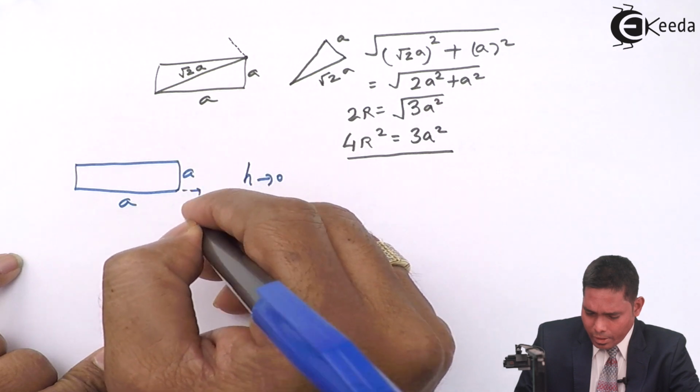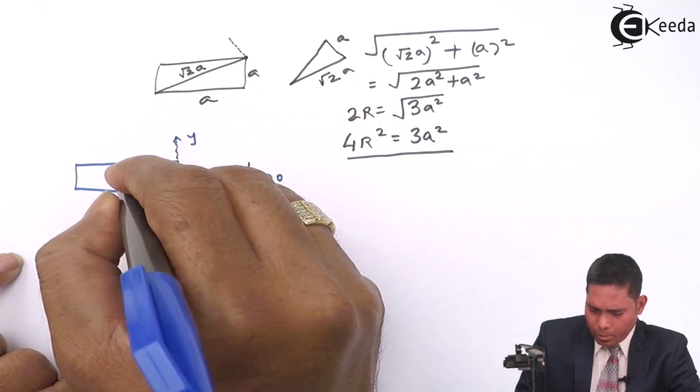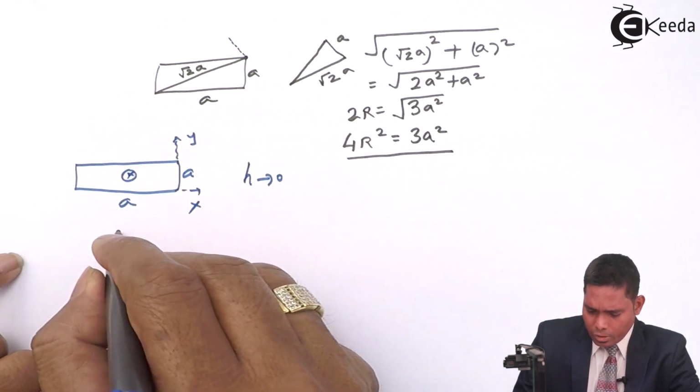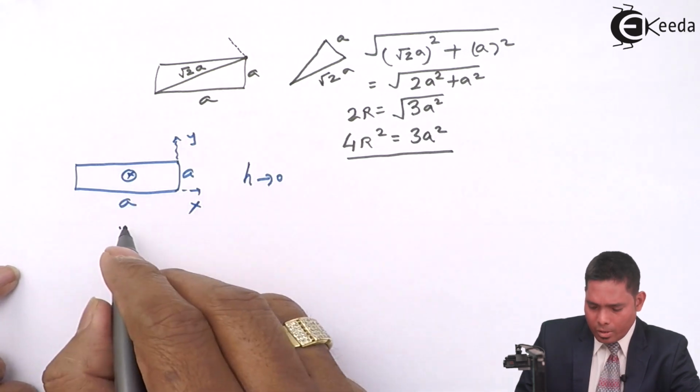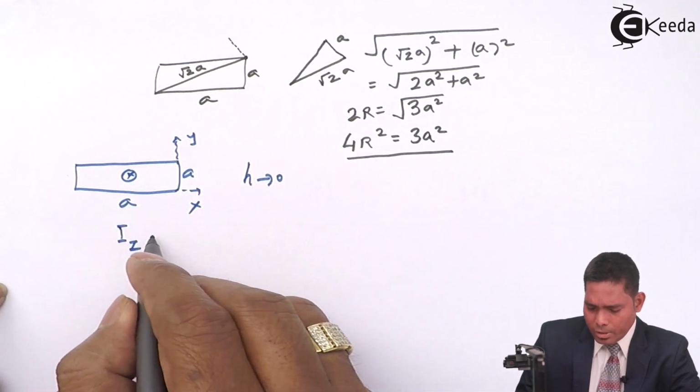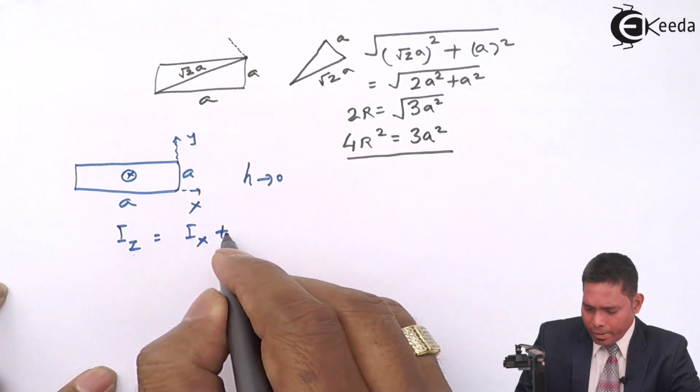Supposing this is your x and this is your y, the moment of inertia about z is required, which is equal to the sum of the moments of inertia about x and y, that is Ix and Iy.